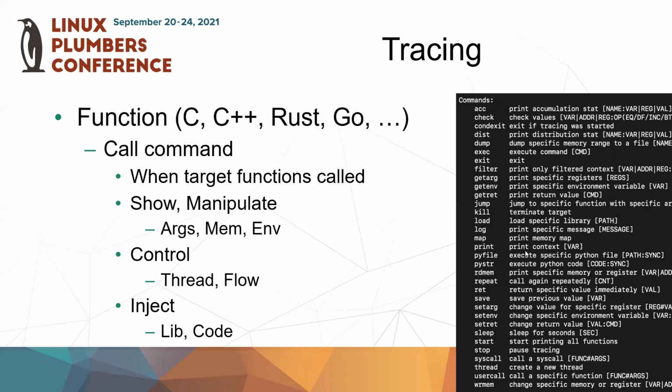Manipulate a specific argument value. Get return. Print the return value and elapsed time when the function returned. PY file. Execute a specific Python script remotely. Read mem. Print a specific memory value. And write mem. Manipulate a specific memory value.